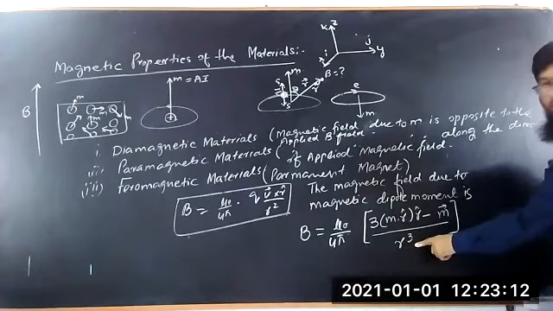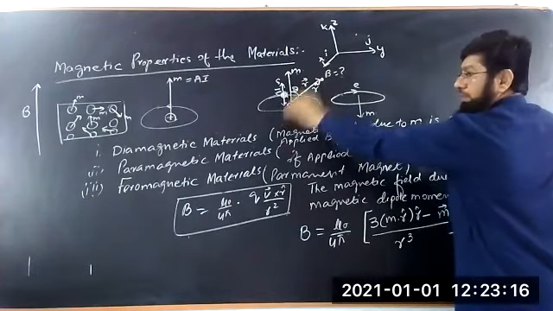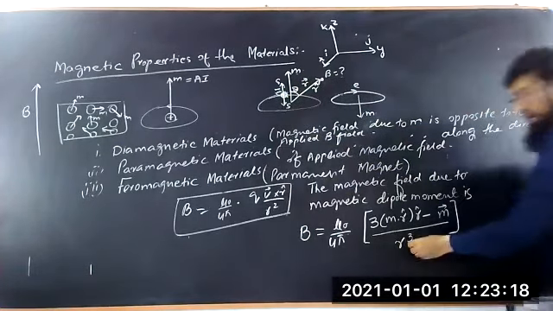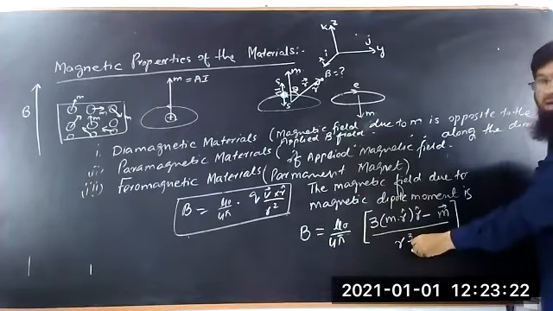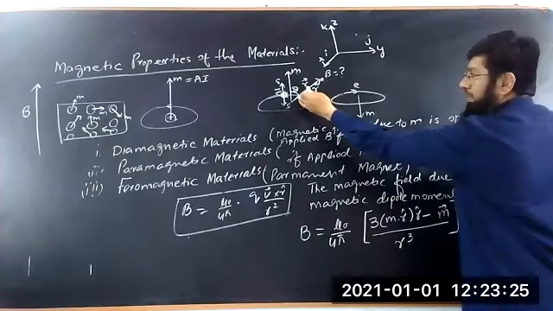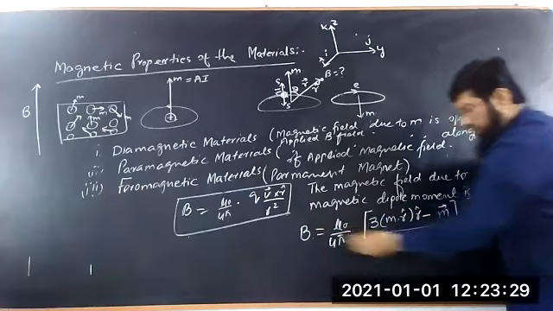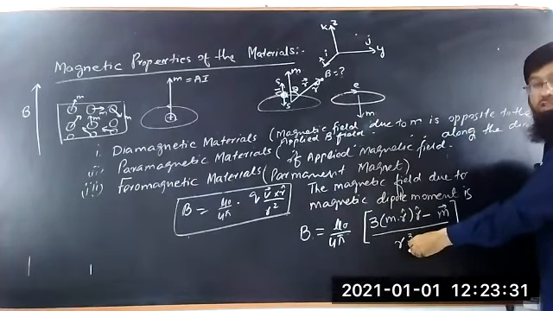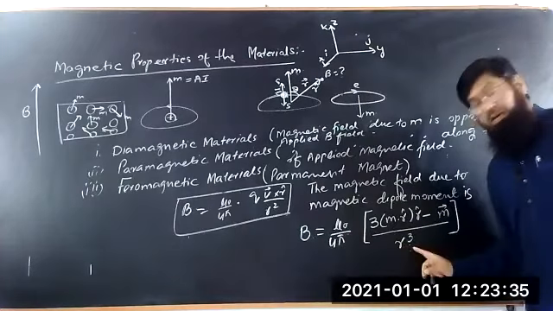Then here is r cube, where r is this distance. It means the magnetic field varies as 1 upon r cube. As the distance from the magnetic dipole increases, the magnetic field decreases much faster, as fast as 1 upon r cube.